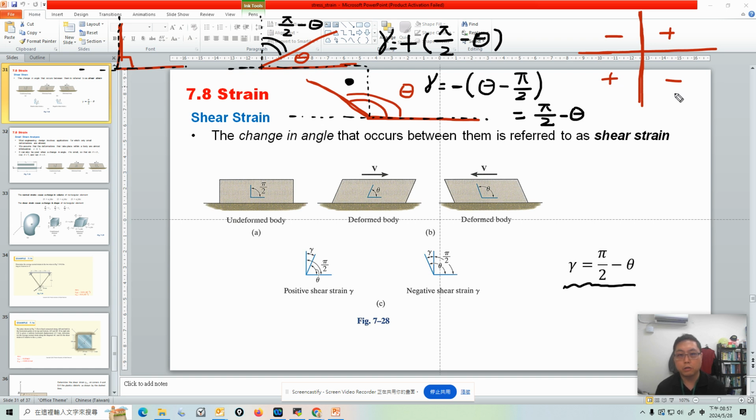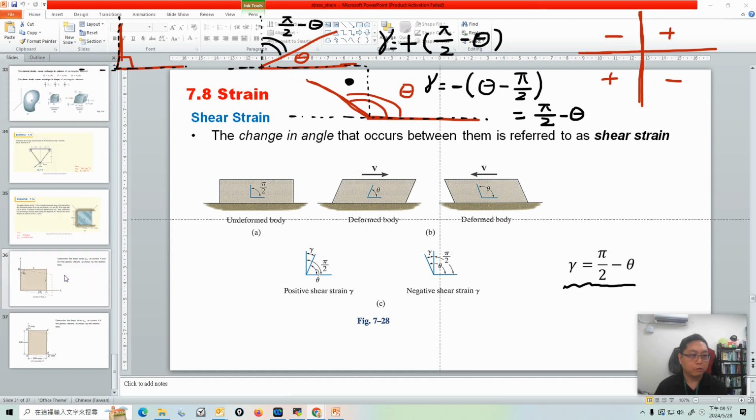If the angle change is in this quadrant, it is negative. Now we use another example to apply this rule, and it will help you understand the rule better.